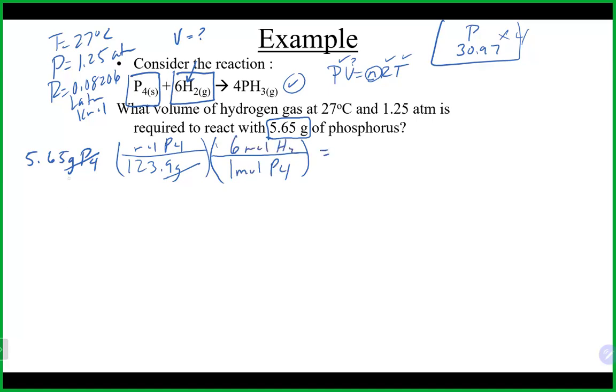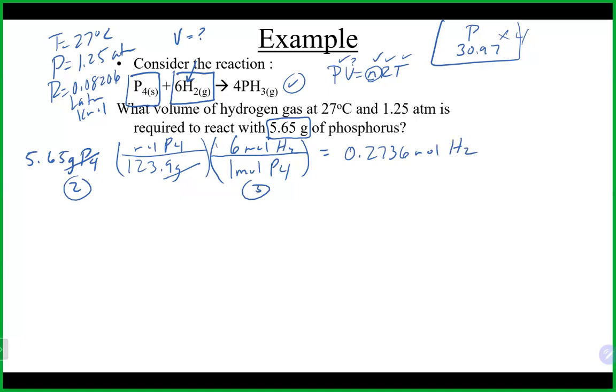So again, that's step number 2 in stoichiometry, step number 3 here. So 5.65 divided by 123.9, then multiplied by 6, is going to give us 0.2736 moles of H2. That again was the missing thing that we needed.